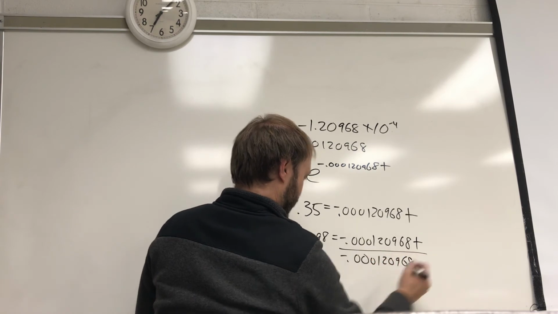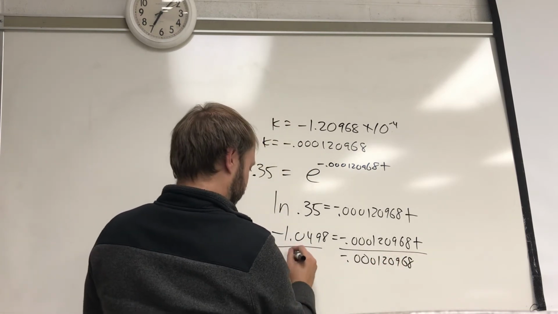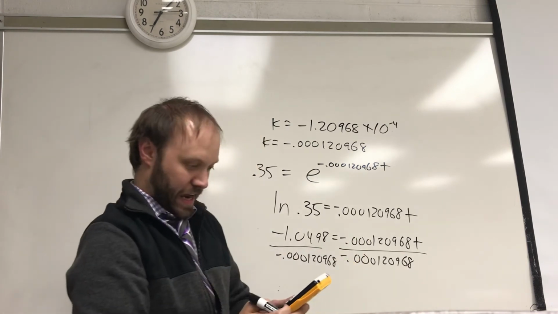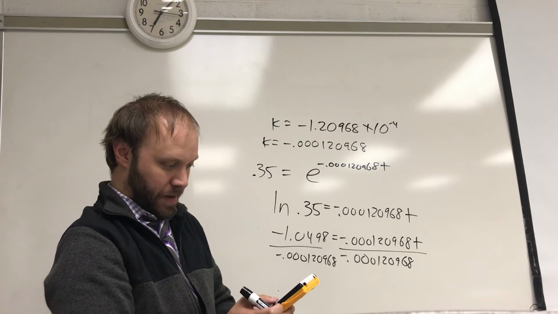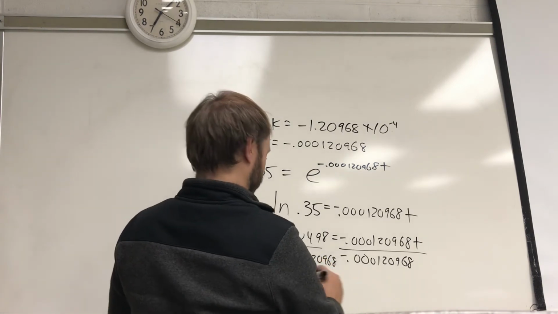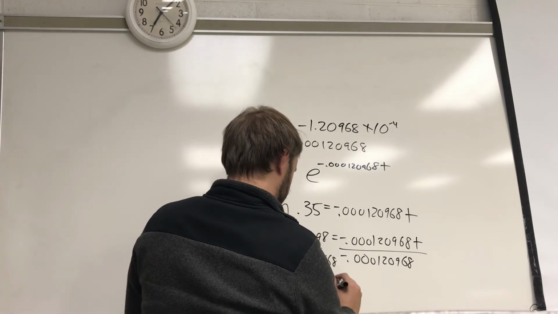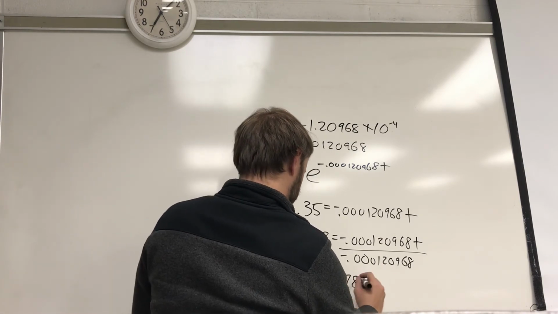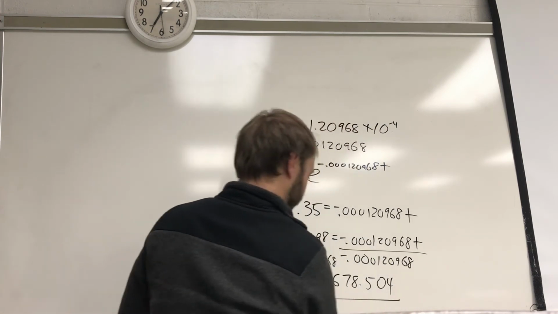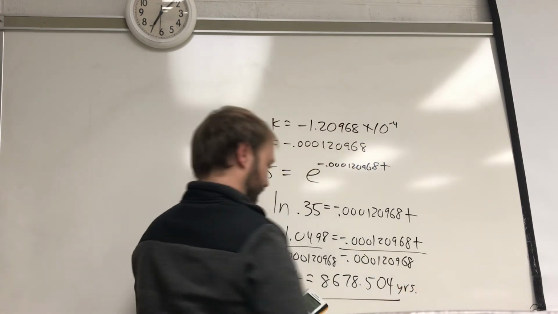Again, really keeping everything in my calculator here. And when I do that, I'm going to get that t is approximately 8,678 years, 0.504. Again, AP wants you to round to 3 decimal places.